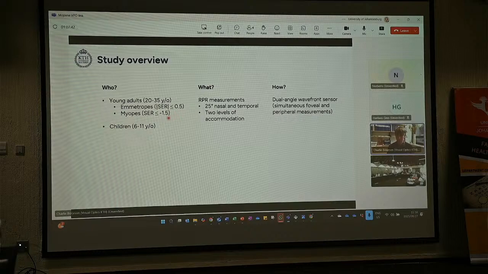For myopes, we wanted at least minus half a diopter. We had astigmatism limits as well, no more than 0.75, if I recall correctly. And for children, we wanted no more than, I think, minus 4.5 diopters maximum, because we didn't want pathological kids.